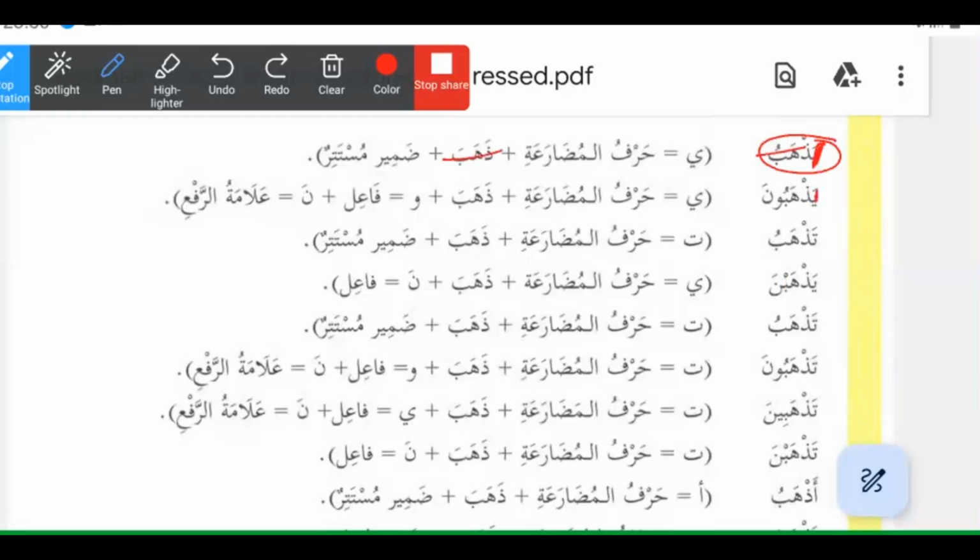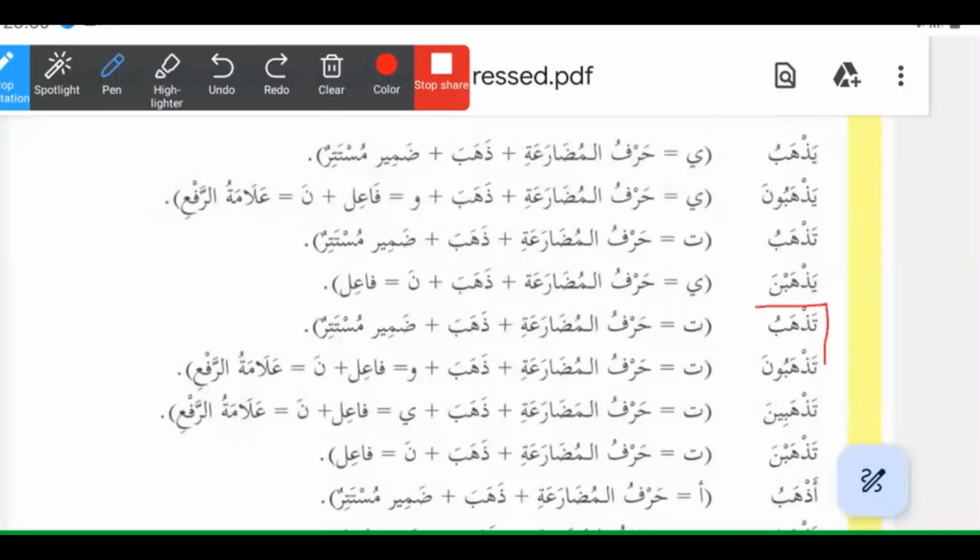Likewise, yazhabuna: ya is the harf, zahab is the fa'il, waw is the fa'il, and noon is the alamatu rafa'. So this is the postmortem, word by word, of the morphology, the build up of these verbs.